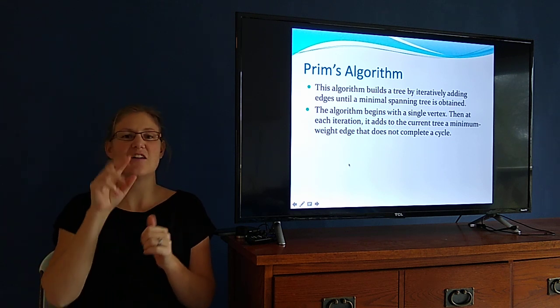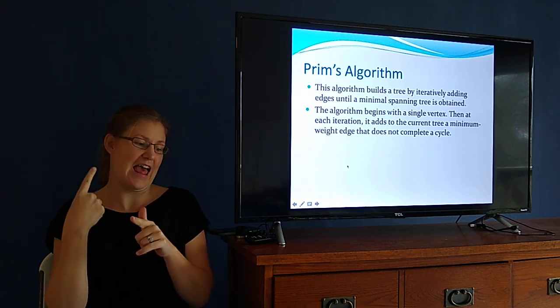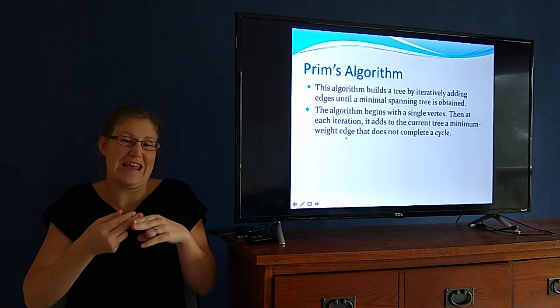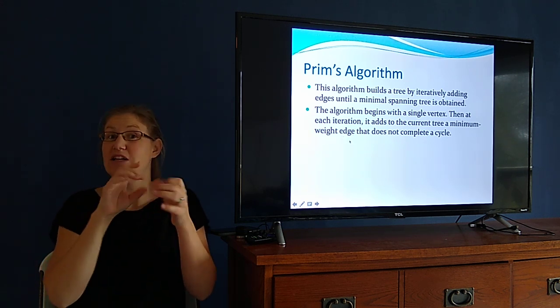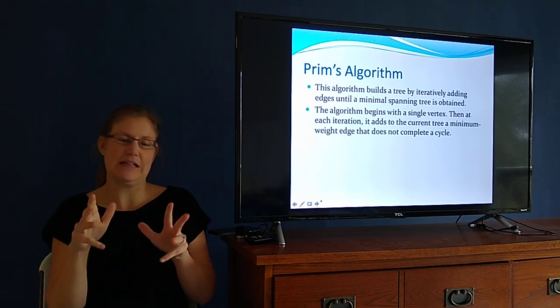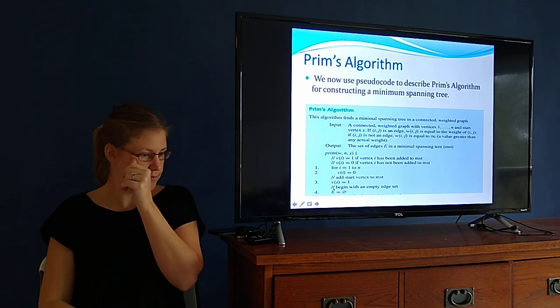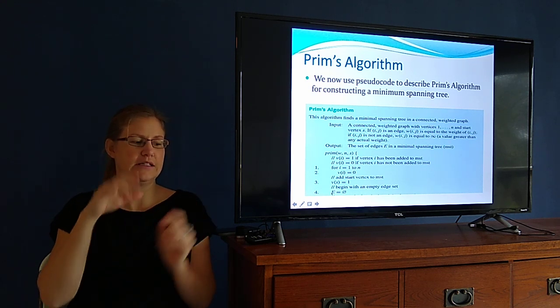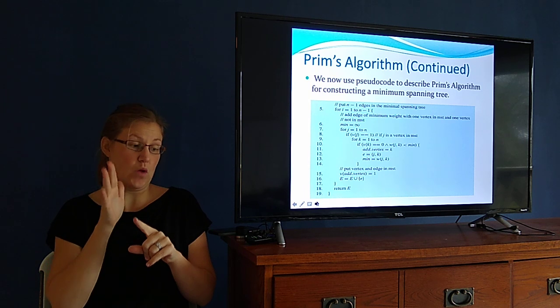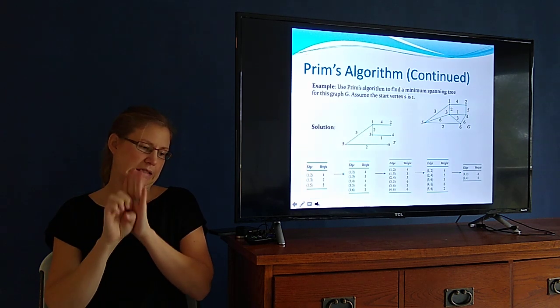Then at each iteration, it adds to the current tree a minimum weight edge that does not complete a cycle. Pay attention, we are dealing with edges. It's a long algorithm, but we are going to learn it by using an example.